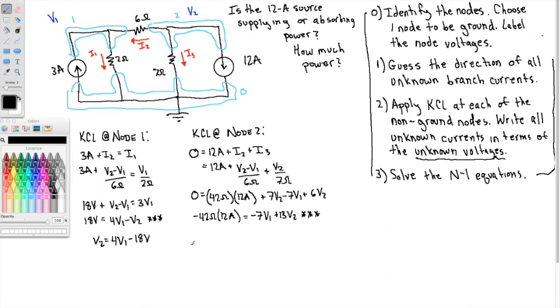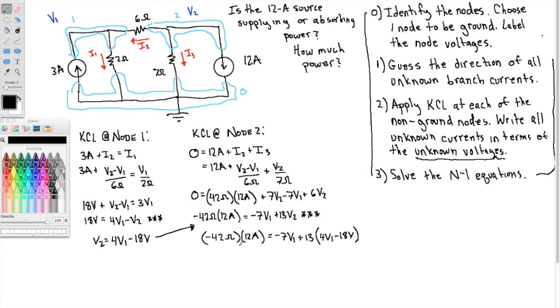And then I can plug it into this equation. So this would be minus 42 ohms times 12 amps equals minus 7 V1 plus 13 times V2, but V2 is 4 V1 minus 18 volts.